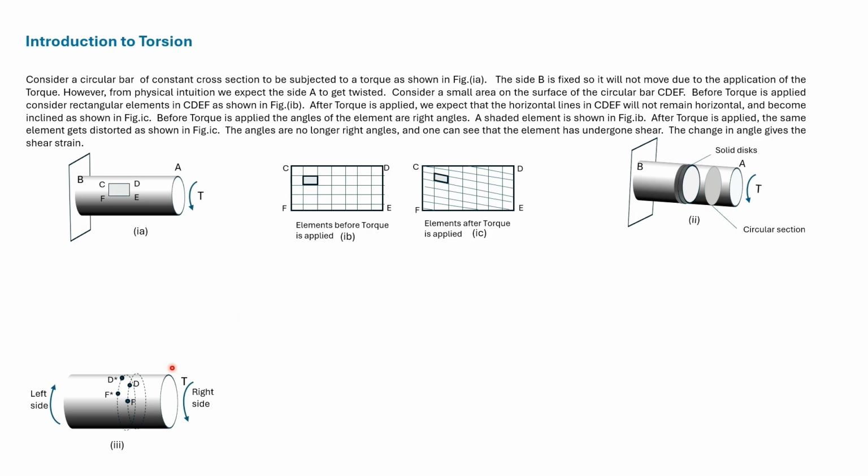In this figure, we have shown that the points D and F move away from the right end and towards the left end. One can argue that there is equal reason for the points D and F to move away from the left end and towards the right end. These conflicting arguments would suggest that the points D and F do not move at all, either to the right or to the left.